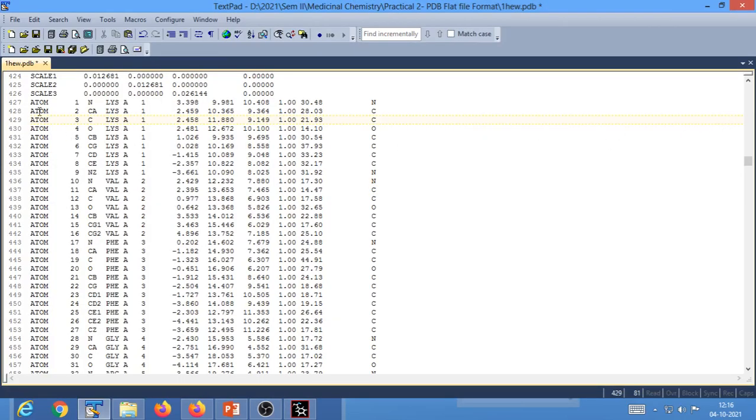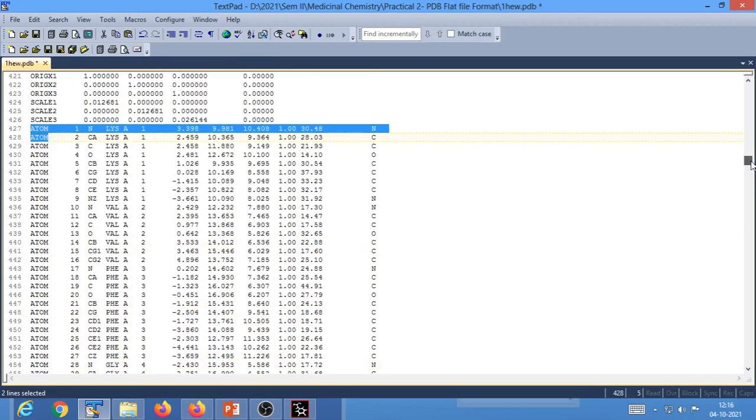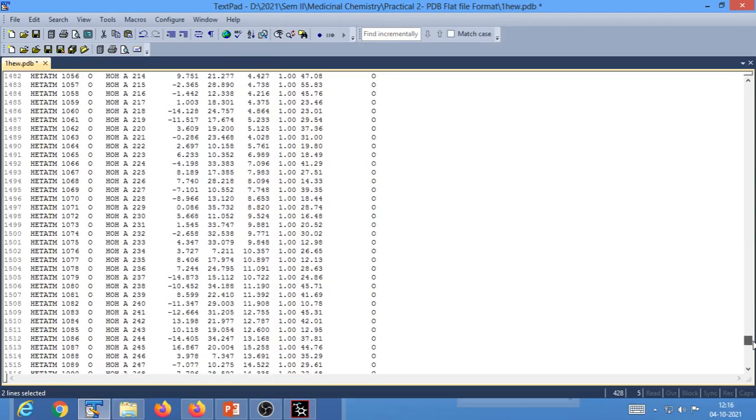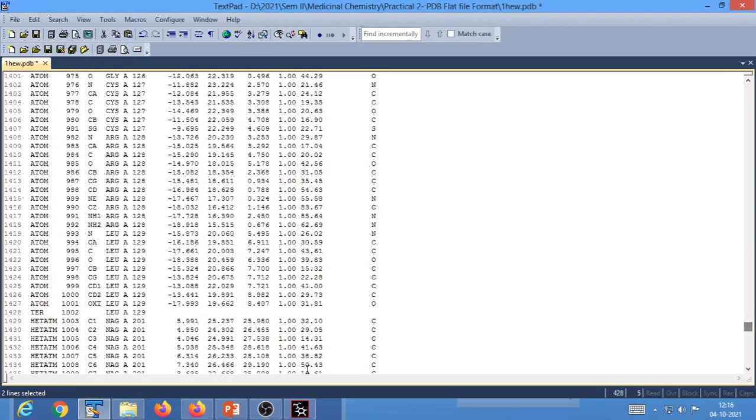Iteratively it reads out all of the atom lines, and when it encounters this termination line, that indicates that the structural information of the protein is over. The line that begins with the keyword TER, which corresponds to termination, we call the termination line.